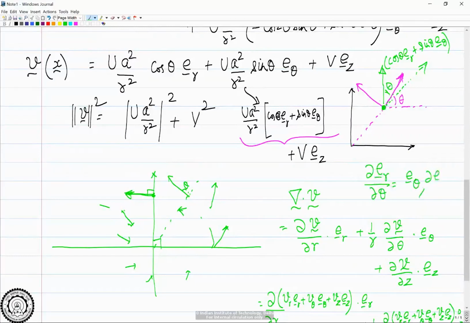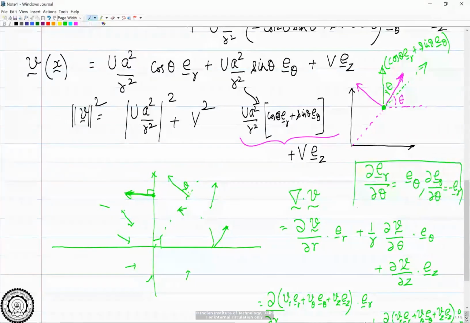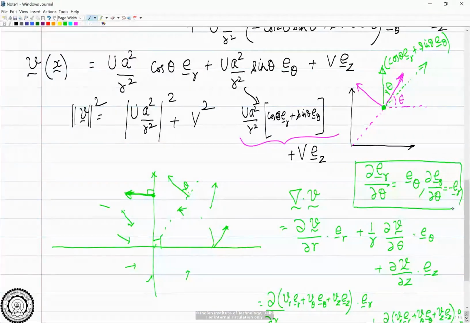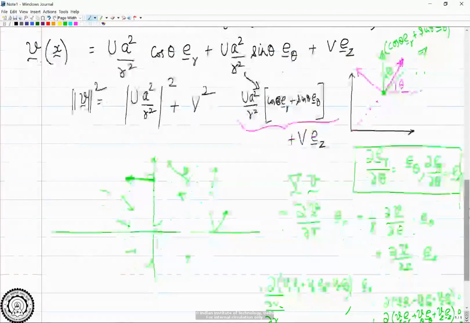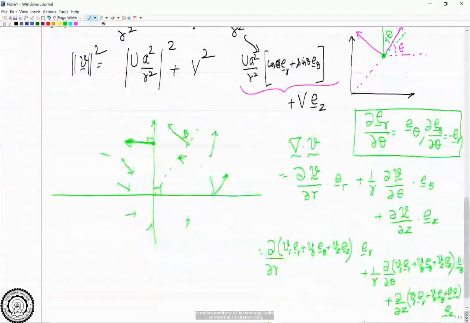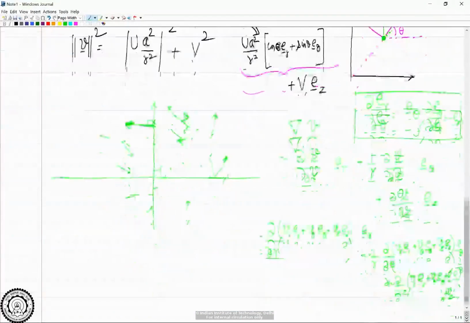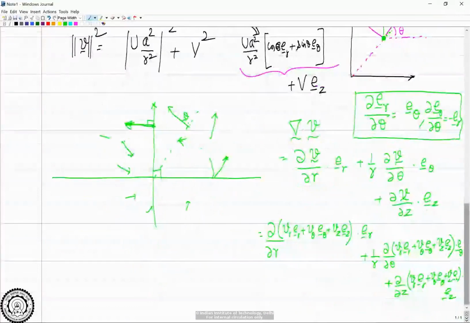And likewise, del e theta by del theta is equal to minus er. Please don't worry if you have not seen this before, because our goal here is not to derive them, we just want to see what is the divergence. But deriving this is also not difficult.